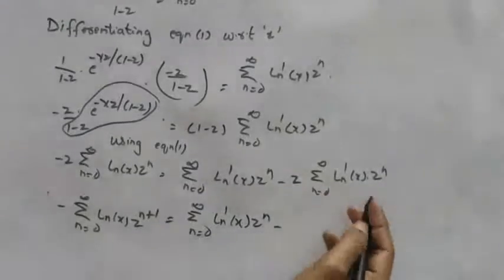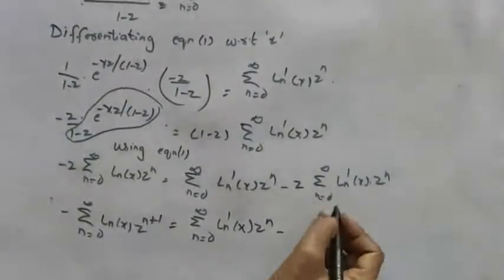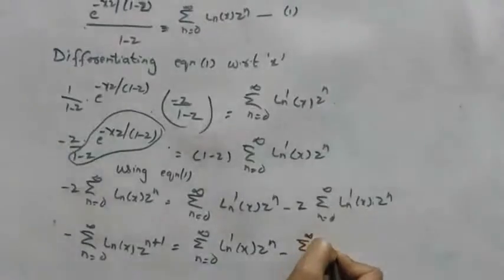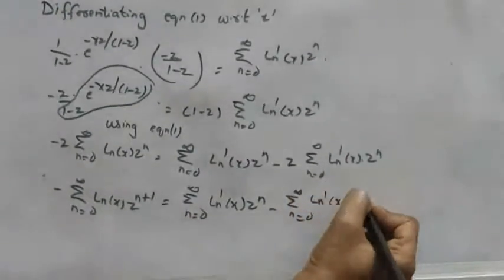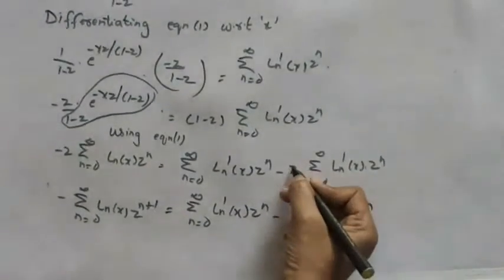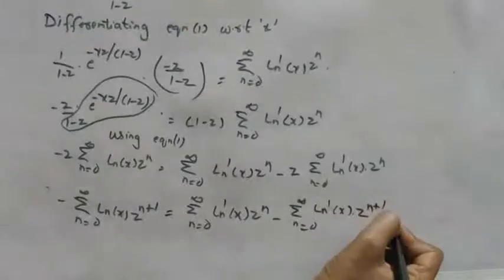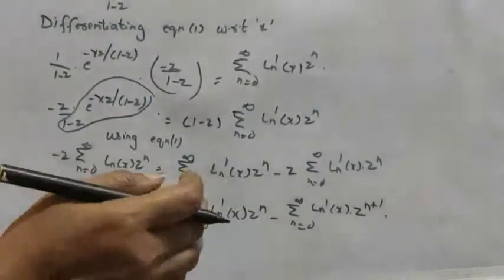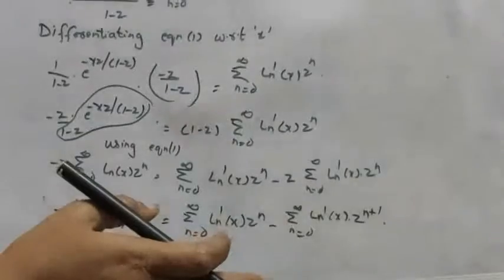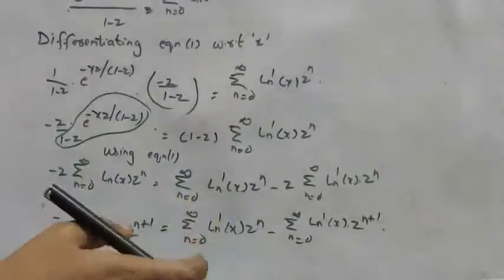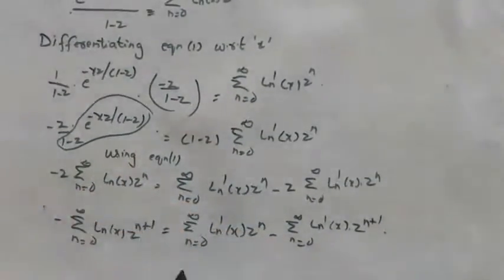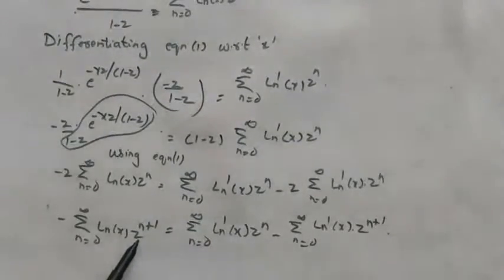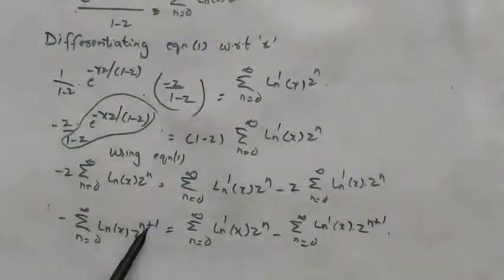Here bases are the same, so powers are added: summation n is equal to 0 to infinity Ln dash of x, and z power n plus 1 you will get. Now, for this equation, equating the coefficient of z power n on both sides, you observe there is no z power nth term here, but a z power n plus 1th term is there.